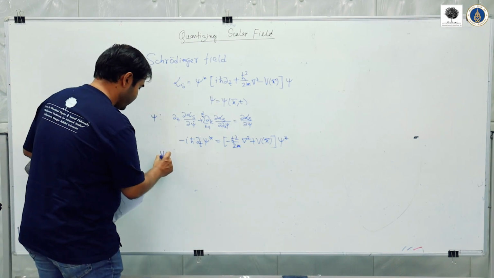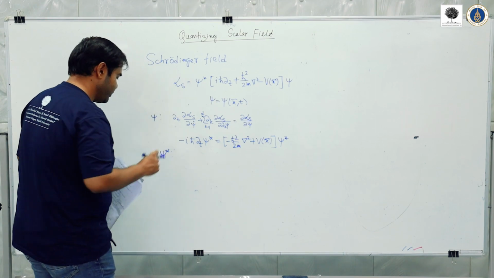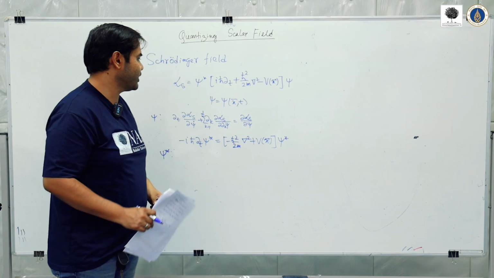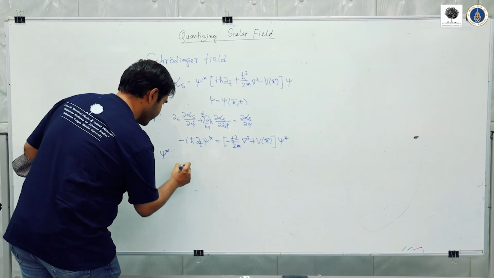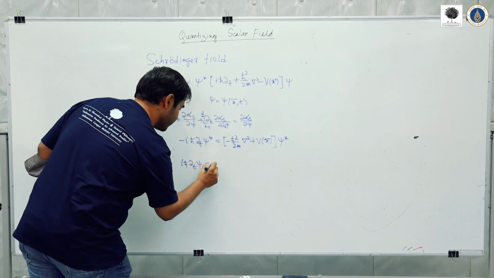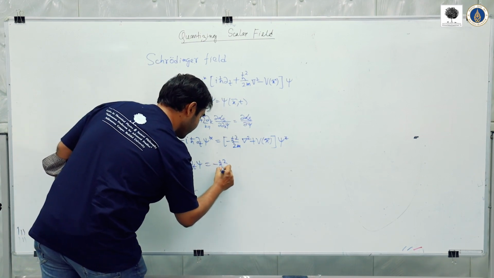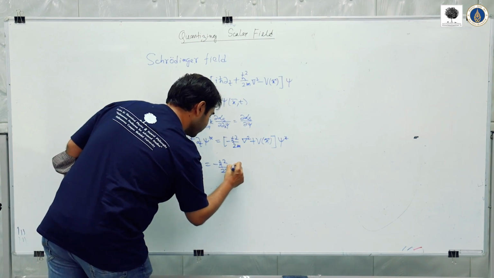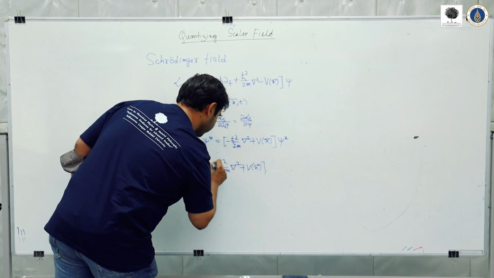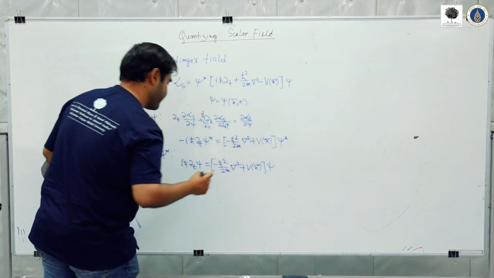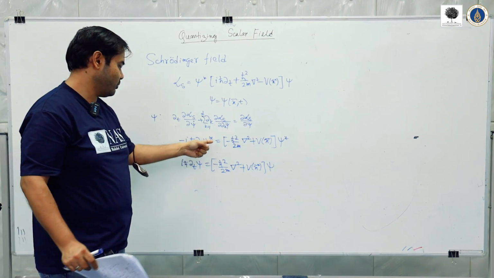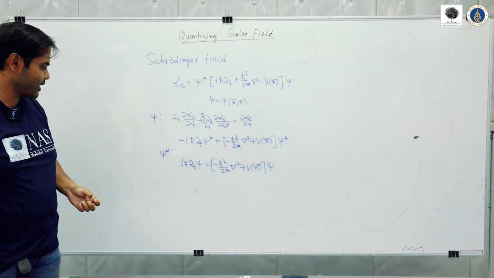So if you vary the Lagrangian with psi star to find the equation, it is actually very easy to read off from the Lagrangian, which will only be i h bar ∂t psi is equal to minus h bar square by twice m Laplacian psi plus V(x) psi. So, the two equations are essentially the same because one is the complex conjugate of the other.